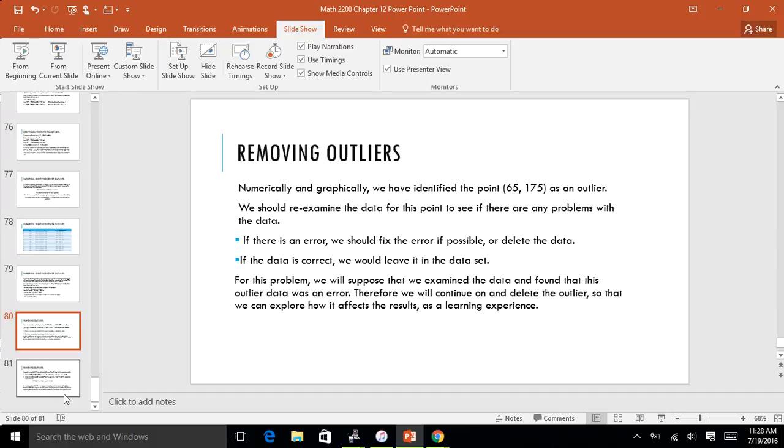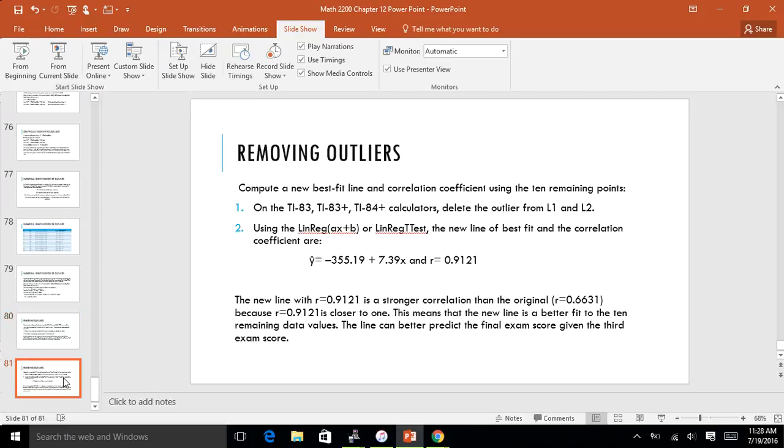So for this problem, suppose we found that data and that it was an error, something was put in incorrectly. So we delete it, and then we go back through and run the whole thing again using the LinReg or the LinRegTTest, and we get a new line of best fit and a new R. In that new line, R is 0.9121, which is a very strong positive correlation, and it's stronger than the original one of 0.6631.